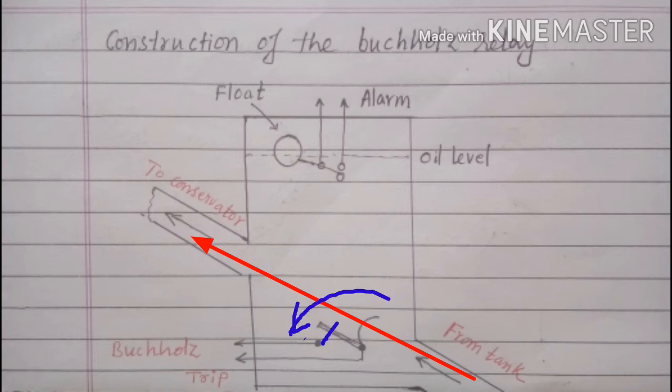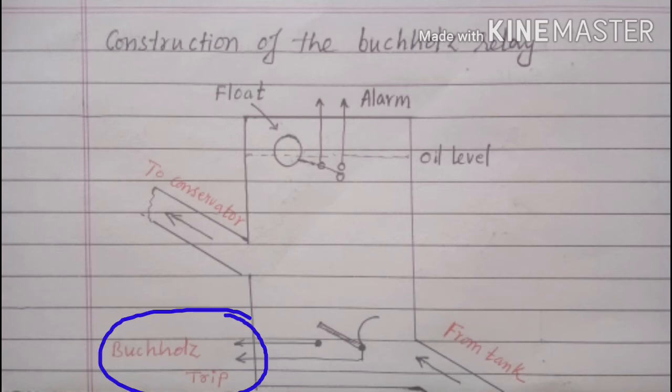The vane placed in the path of oil moves backward because of the pressure of oil on it, and the associated contact gets closed. Once the contact gets closed, a trip signal is issued to circuit breaker.